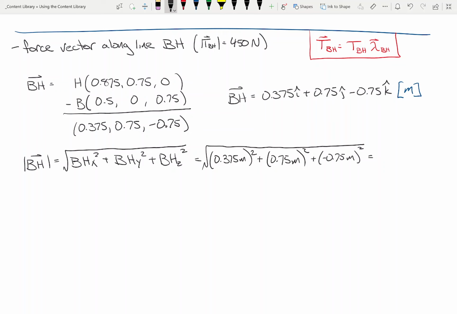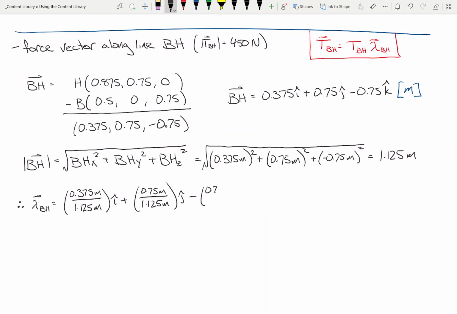This one ends up being 1.125 meters. And then, when you compute lambda BH, you get that.